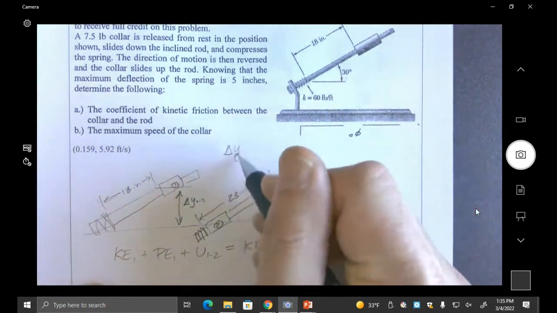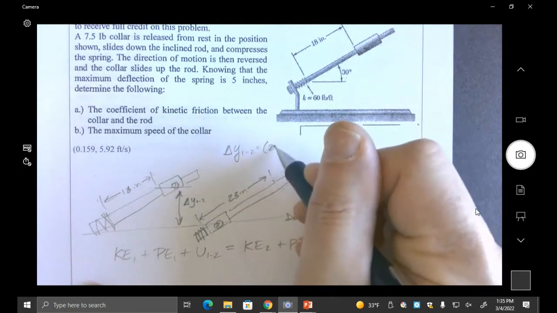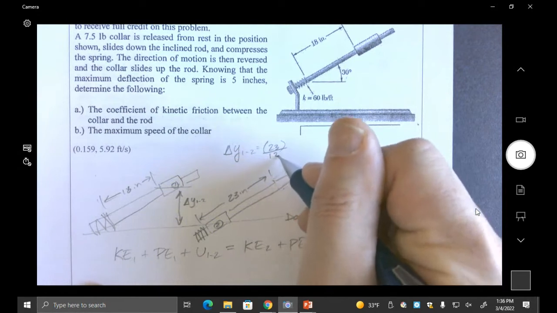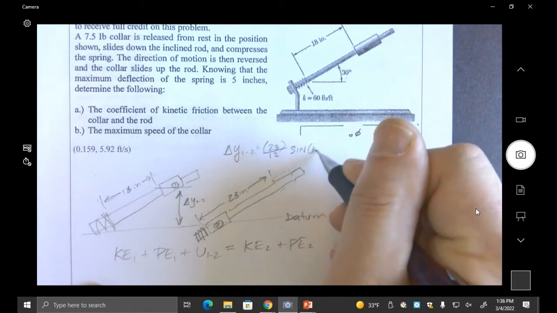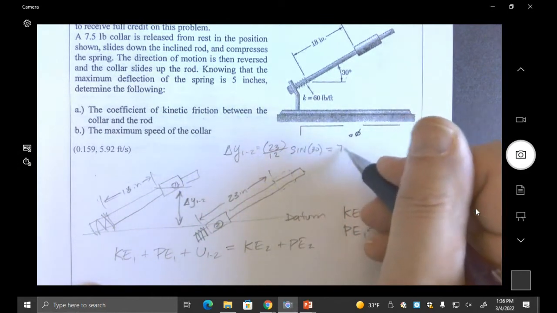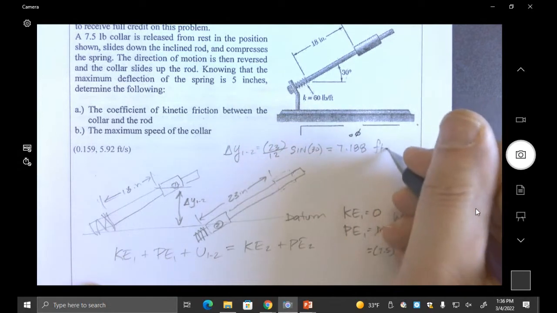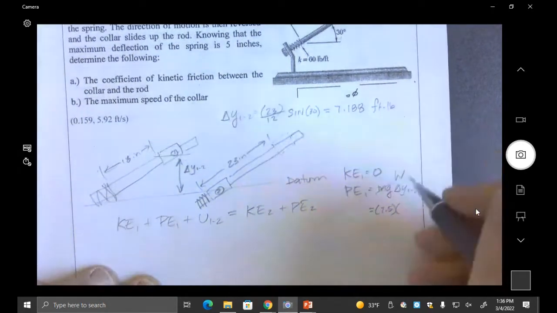So maybe I'll write them up here. 1 to 2 is going to be 23, but might as well make it into US units, so that's going to be divided by 12 and times the sine of 30. So we're going to be left with 7.188. I'm partial to foot-pounds instead of pounds-feet, but either or, same thing. Good.